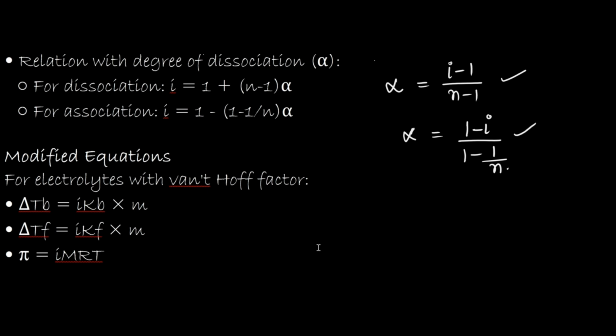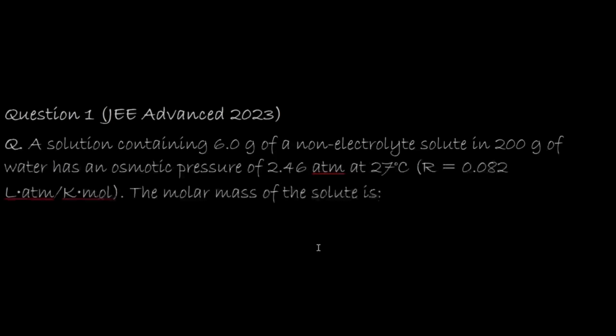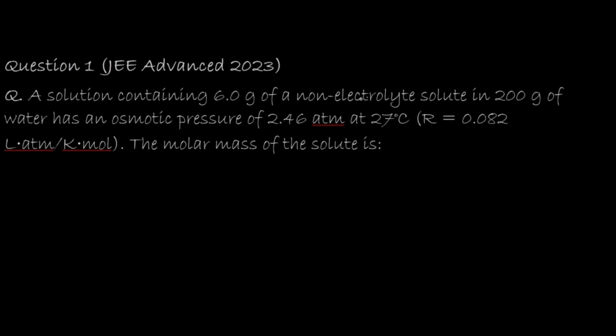Now it's time to solve some questions to sharpen our mind. Let's start with this problem, which asks: a solution containing 6 grams of non-electrolyte solute in 200 grams of water has an osmotic pressure of 2.46 atm at 27 degrees Celsius.